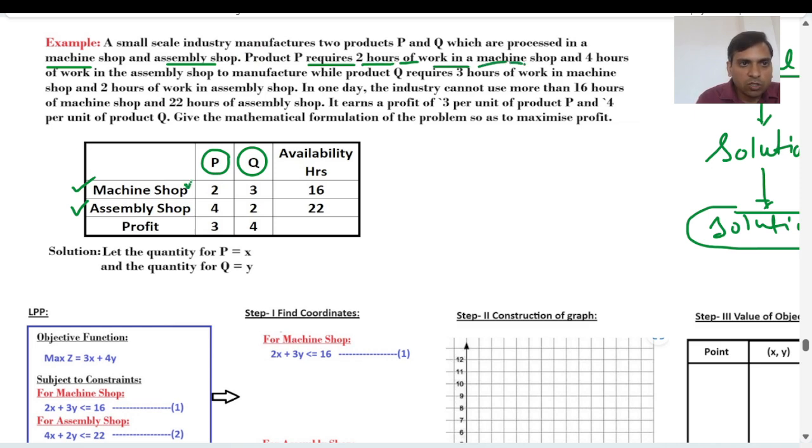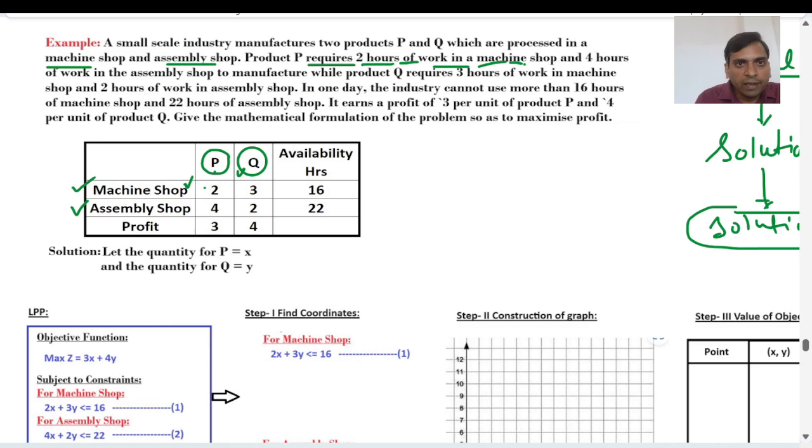This is machine shop and we are talking about product P and it takes 2 hours. And 4 hours of work in assembly shop. Now this same product P in assembly shop for 4 hours. And now we are talking about second product Q. Q requires 3 hours of work in machine shop. Product Q, 3 hours in machine shop and 2 hours of work in assembly shop. 2 hours in assembly shop.